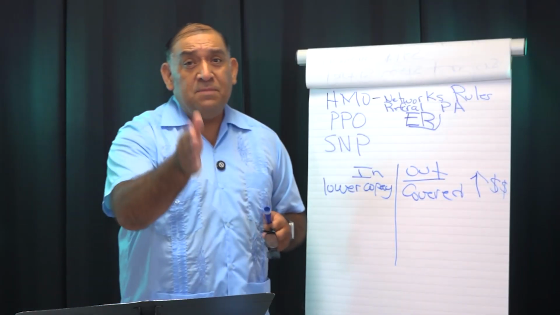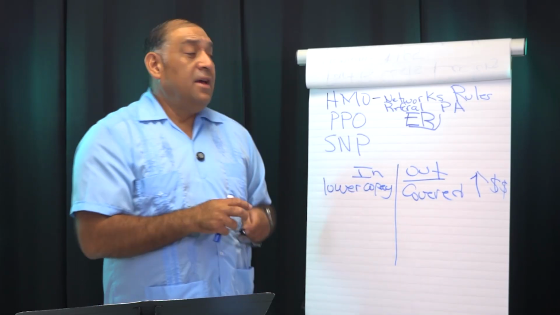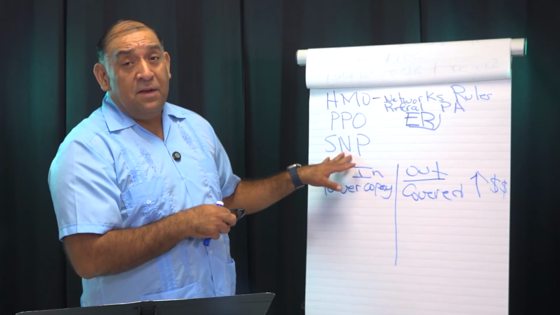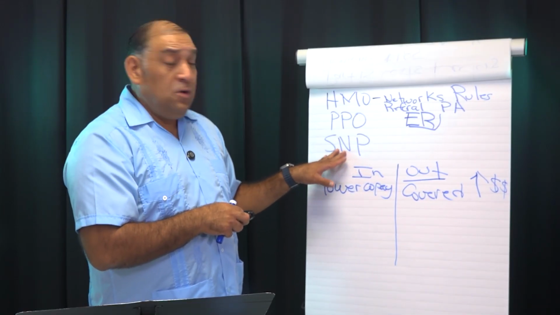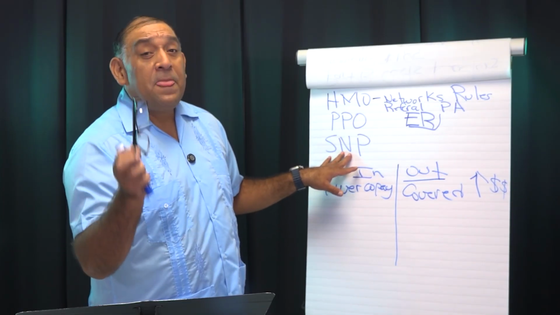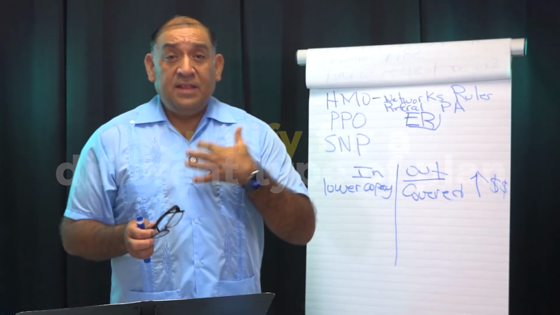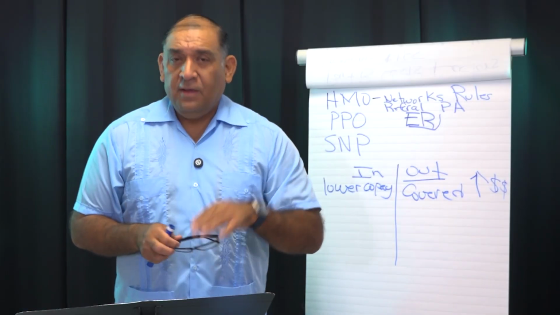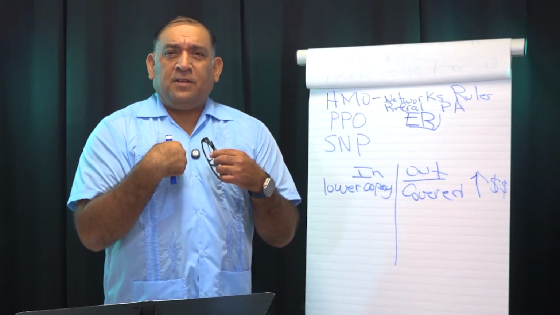You have Medicare and Medicaid and you just got Medicare and Medicaid. You can join this plan. So special needs plans are out there because there's a huge population in our country that do have special needs. And if you fall into those categories, you can qualify for a different kind of plan that may serve that special need even more.